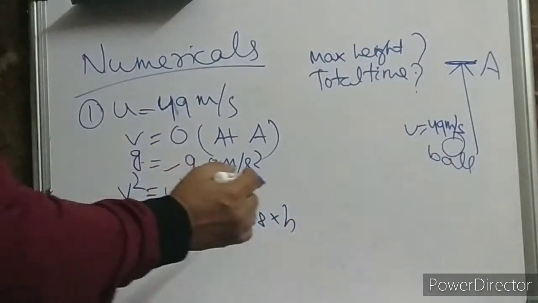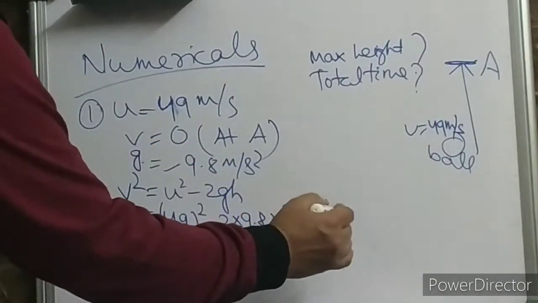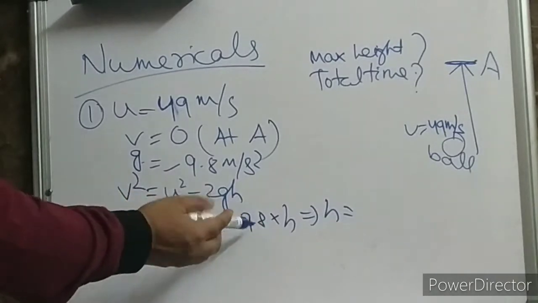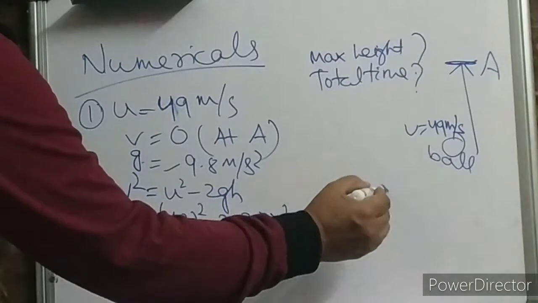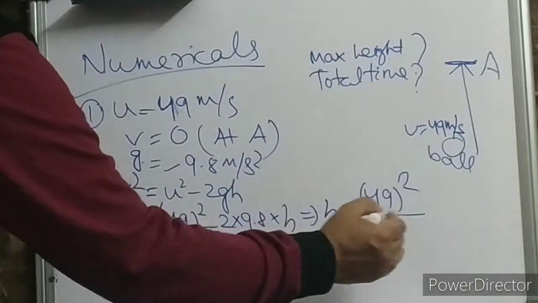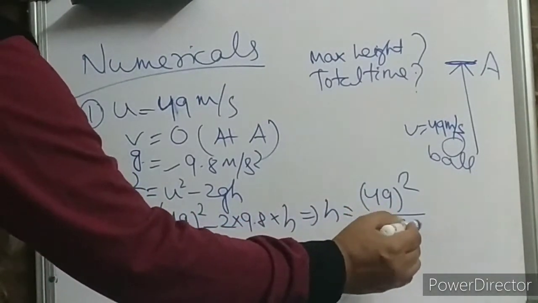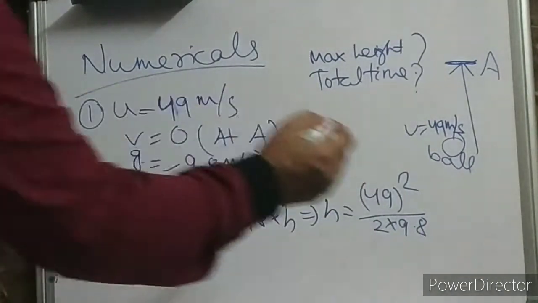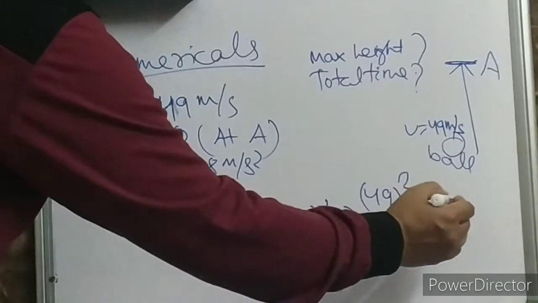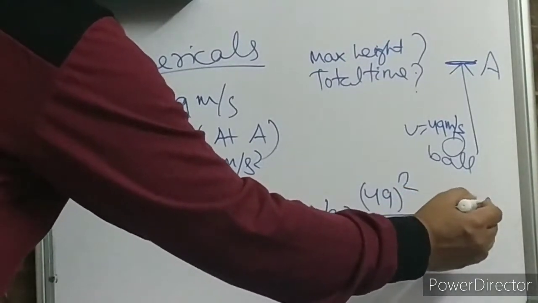So what is h now? Take this thing to this side. So h is equal to 49 square divided by 2 into 9.8. Simple calculation. It will come around 122.5 meter, children.